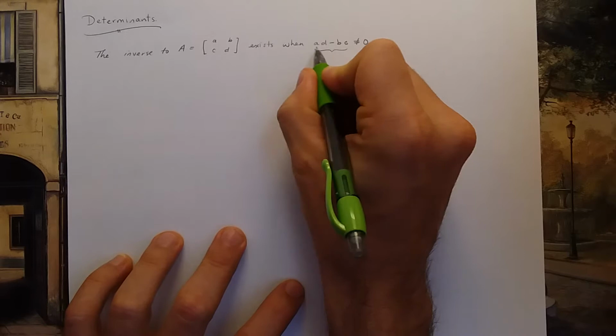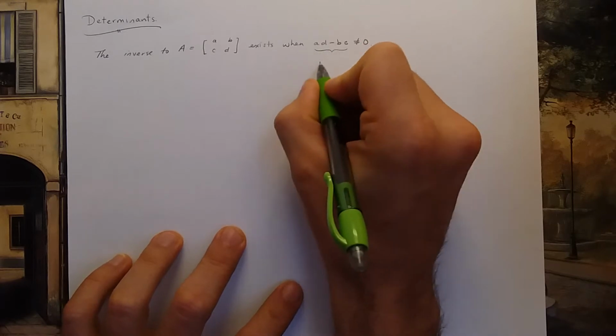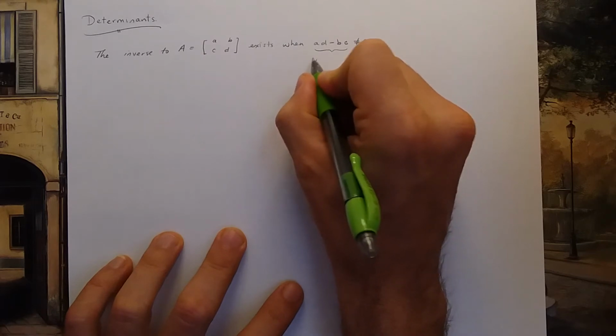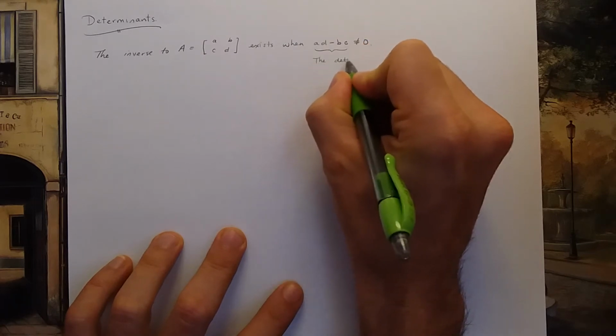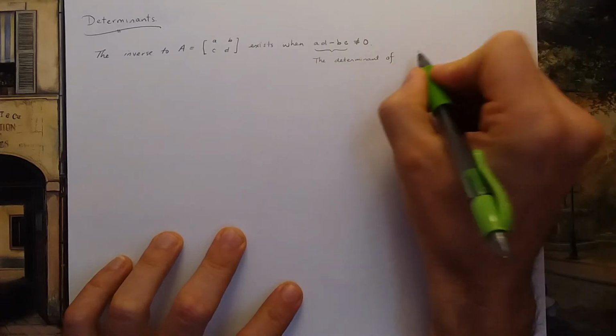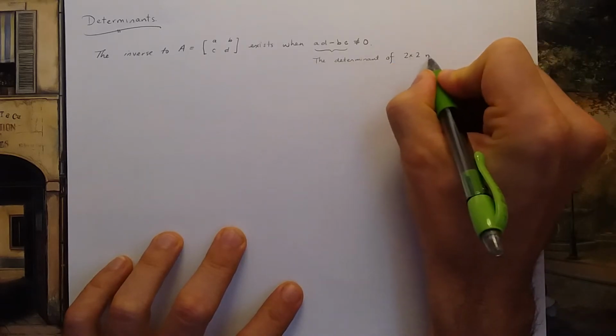This quantity, AD minus BC, is the determinant of a 2 by 2 matrix.